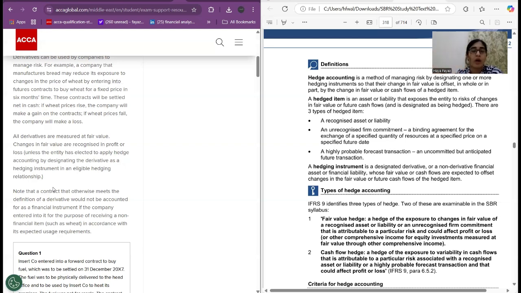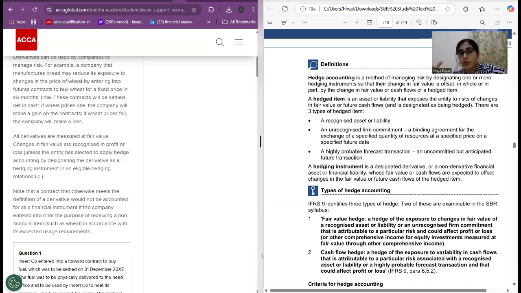But at the same time, if it is fair value hedge accounting, which we'll cover in more detail now, you are going to recognize those gains and losses in the respective item also, the inventory item also. That matching is there. So that effect is reflected everywhere.